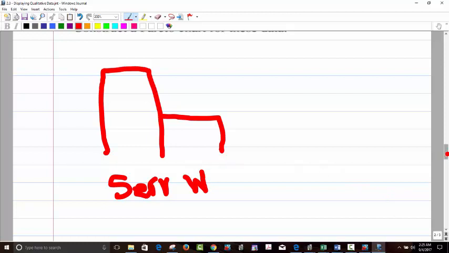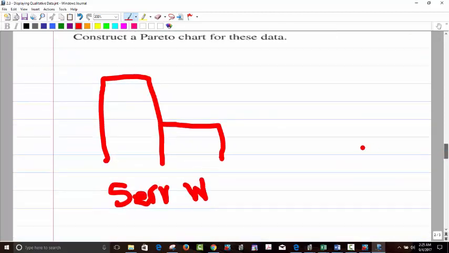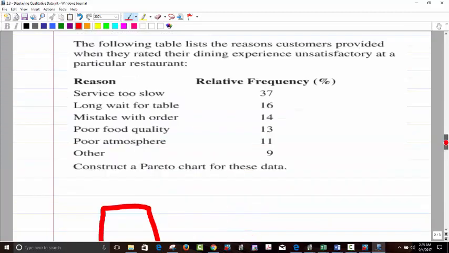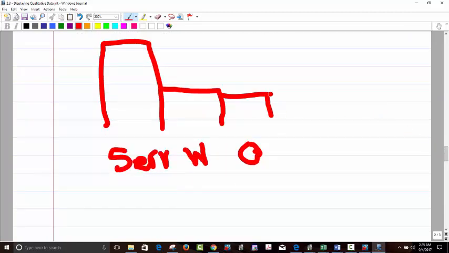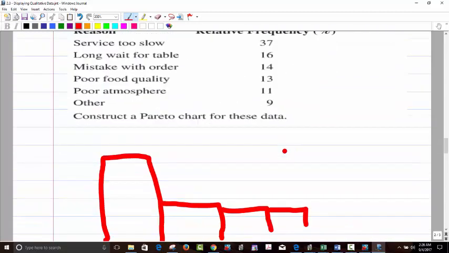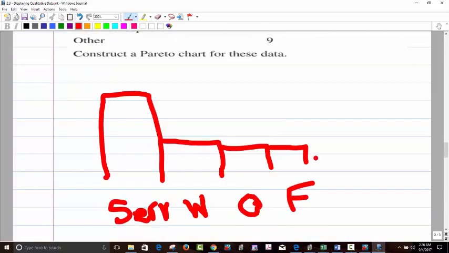W for wait, 14% order mistake. And then, okay, I've had enough of this. Poor food quality would be right just below the order there. So you just draw all those bars representing each of those heights, and they would be going in descending order. But that's pretty easy.